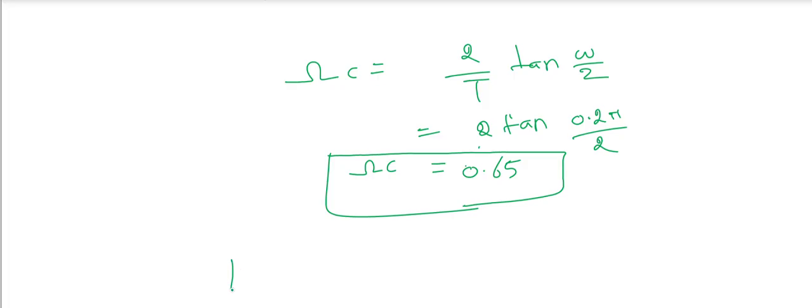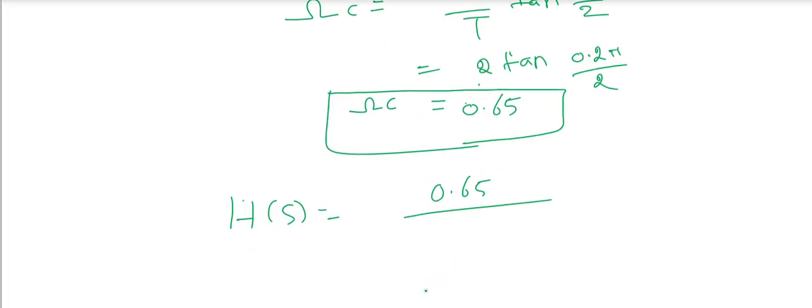So now the transfer function h of s is equal to omega c, 0.65, by s plus omega c, where s is 2 by T, z minus 1 by z plus 1.